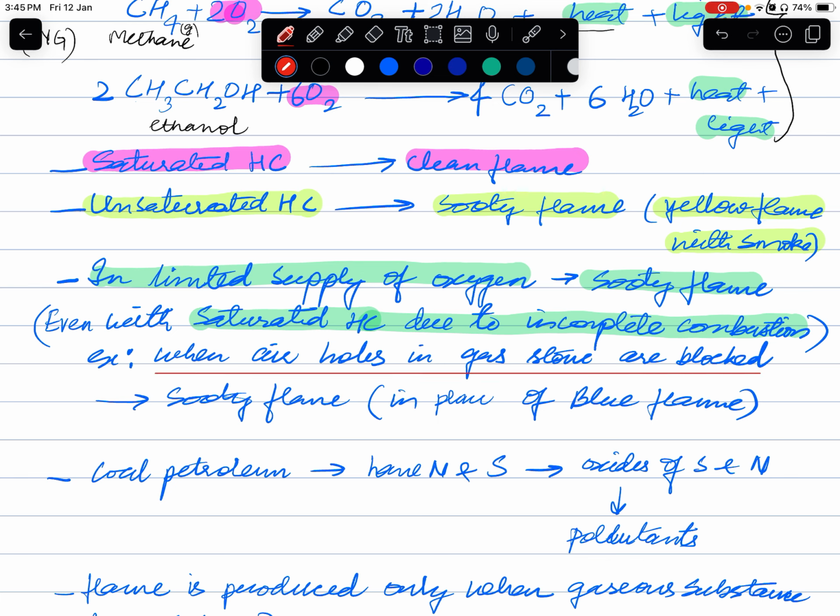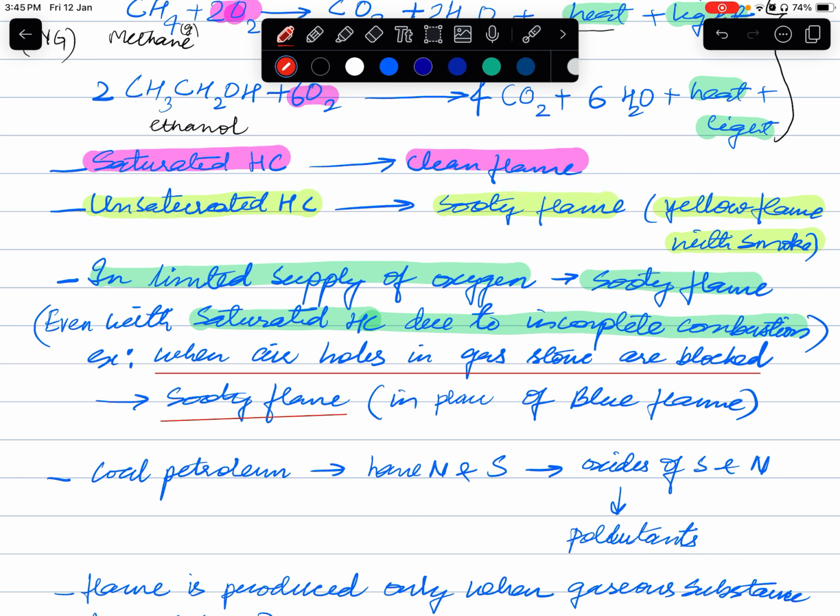Suppose they are not cleaned for a long time. In that case, we are not able to provide sufficient oxygen because the holes are blocked, and therefore we will be getting a sooty flame. So what is the reason?